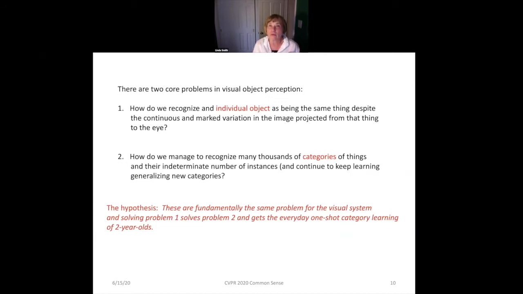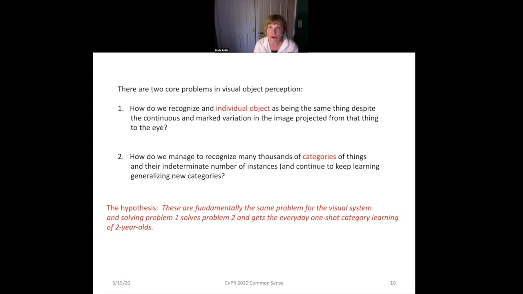The egocentric view brings us home to what are, I think, the two core and classic unsolved problems in visual object perception. The first problem is what the textbooks sometimes call object constancy. How do we recognize an individual object as being the same thing, despite the continuous and marked variation in the image that can be projected from that thing to the eye, the continually varying, never repeated image that's projected to the eye.